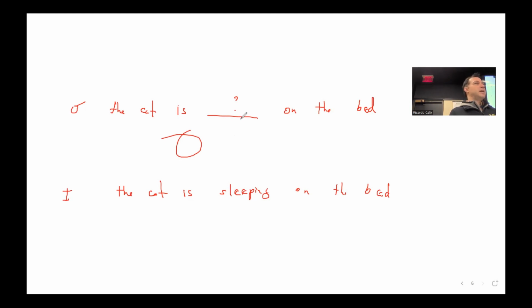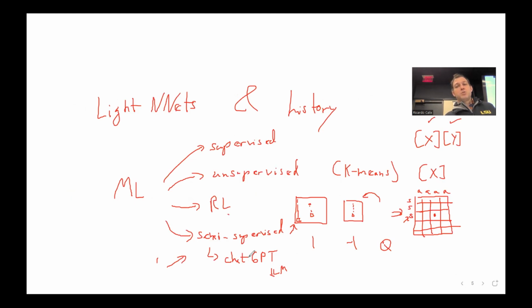It's got blanks, and so it's basically doing fill in the blank. Any questions on that idea? All right, so that is semi-supervised. In semi-supervised, we do have X and Y, but they're easy to get, like in text, for instance. All right, so anyway, that's the classification of neural networks.